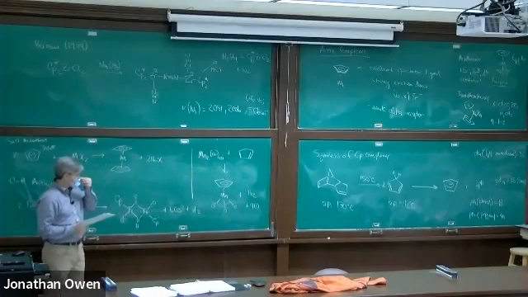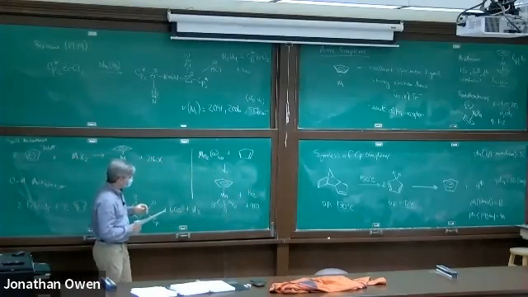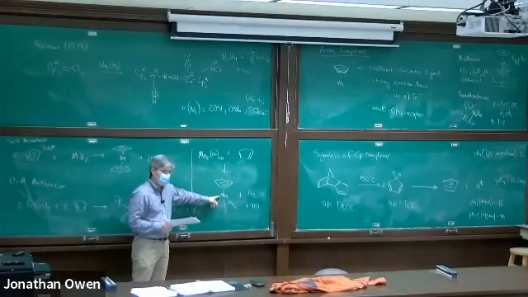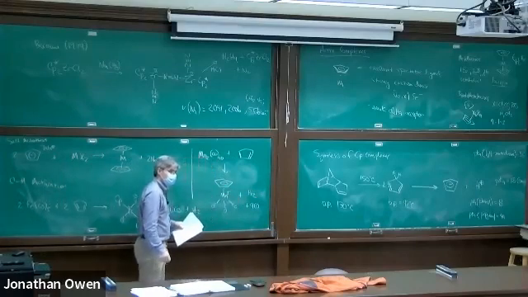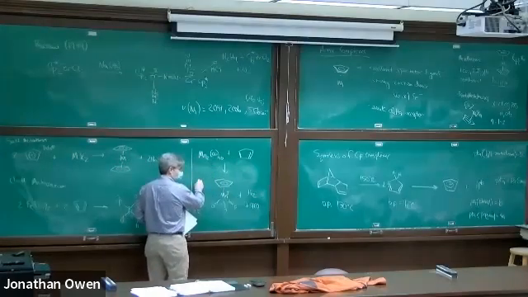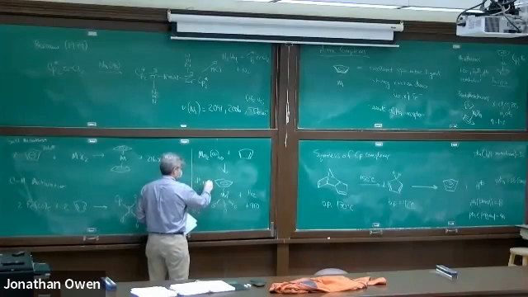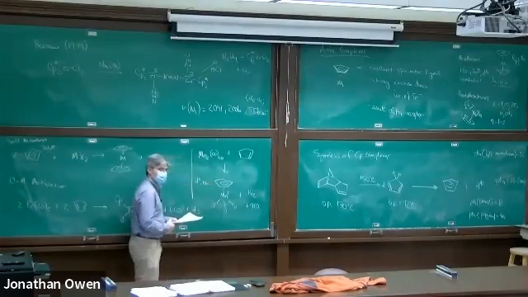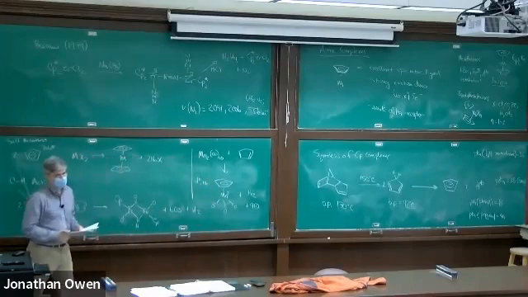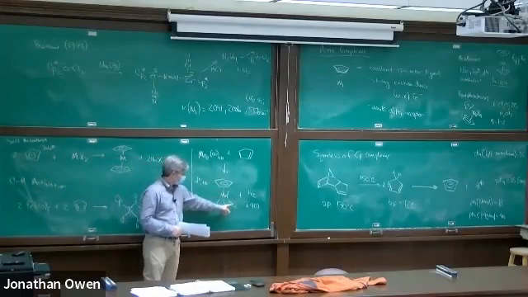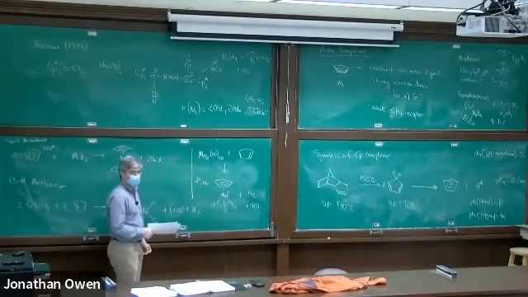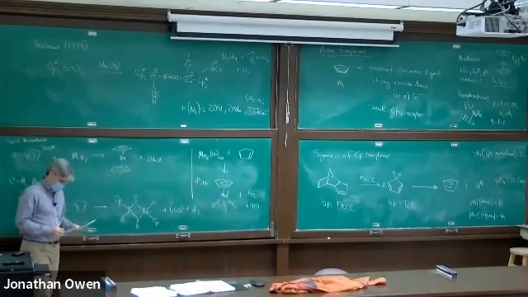Again, spitting out H2. Oxidation state here, 1. How many d electrons? 6 d electrons. Probably it's 18 electrons overall, right? Because it's octahedral D6. 5, 7 is 12, 6 is 18. D6 octahedral, 18 electrons. Nice and stable.